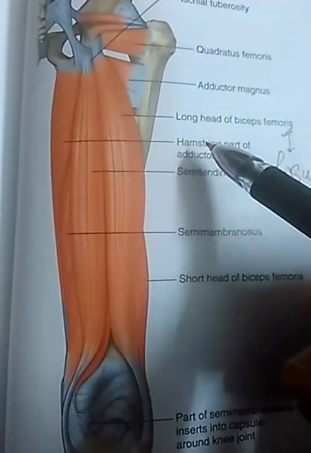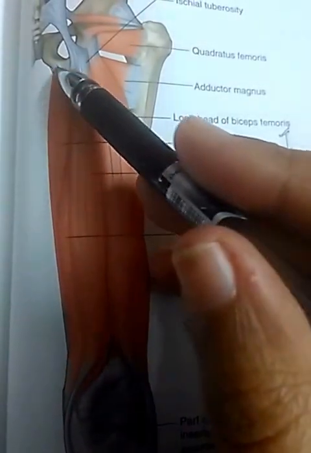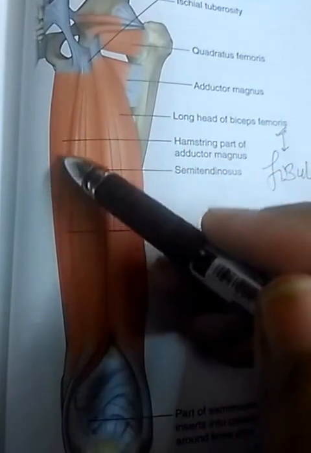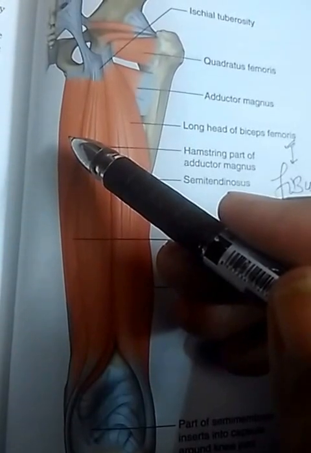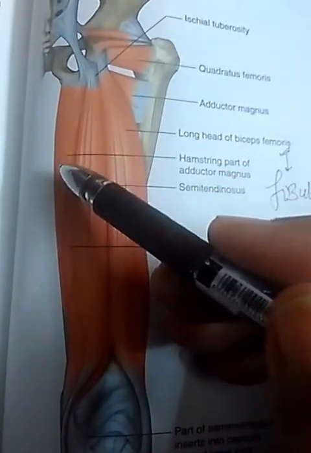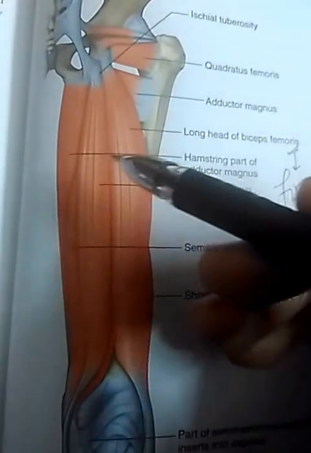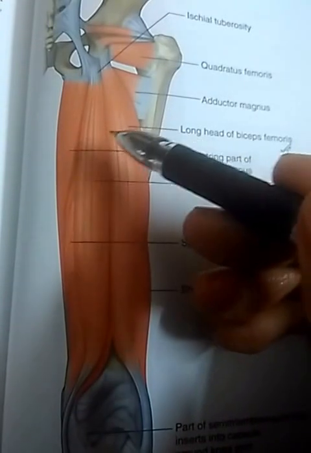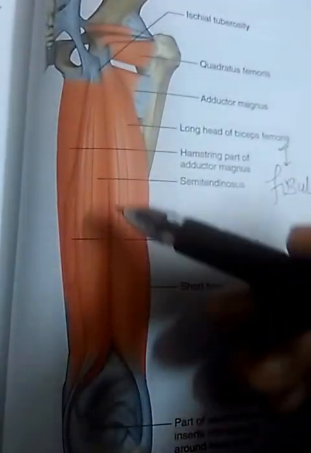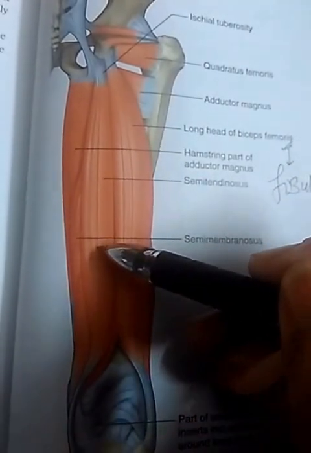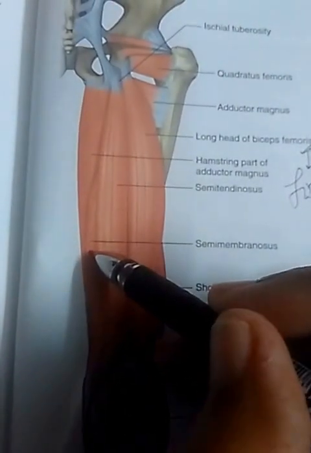One more thing. This is the ischial tuberosity, and this is the hamstring part of adductor magnus. Although adductor magnus is a muscle of the medial or adductor compartment, it has its hamstring part somewhat posteriorly. Here you can see the long head on the lateral side. Just medial to that there is semitendinosus, and behind or medial to that is semimembranosus.